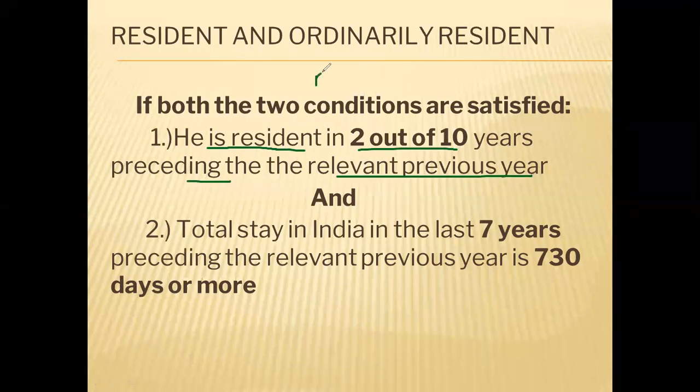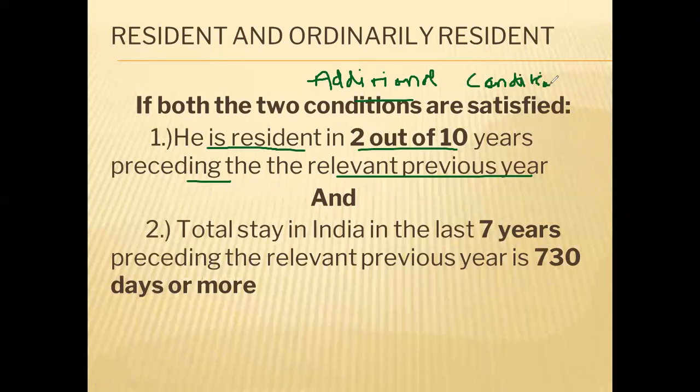For checking the additional condition, there is no need of checking the relevant previous year. Whatever data we use in the additional condition, we will use the past years' data only, because we know he is a resident by applying the basic condition in the relevant previous year. So now we will check the past years only.